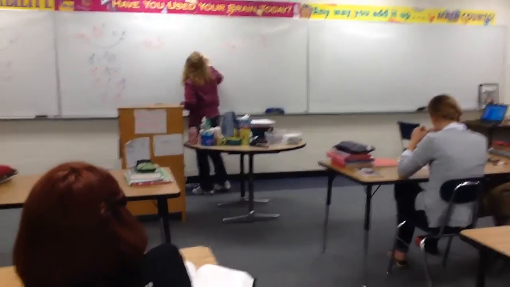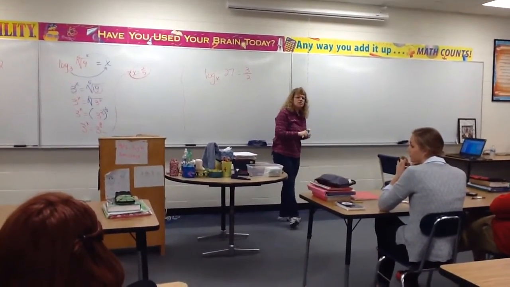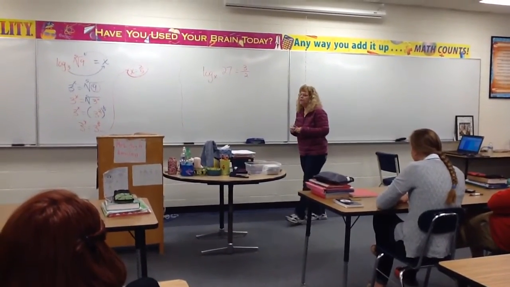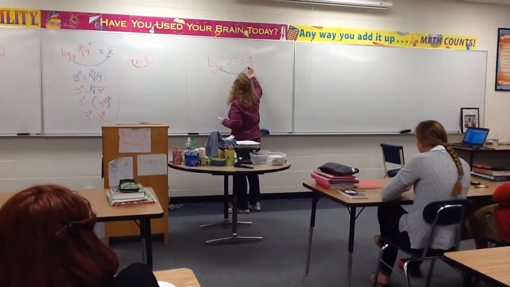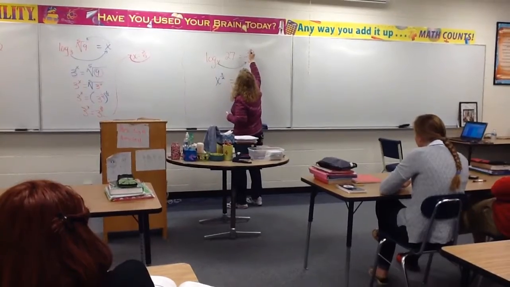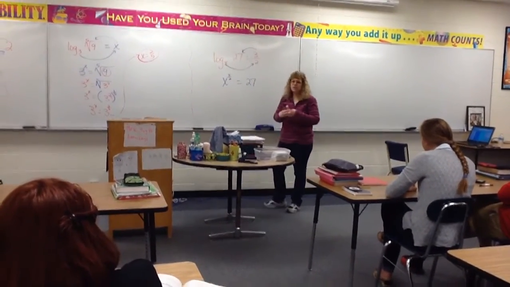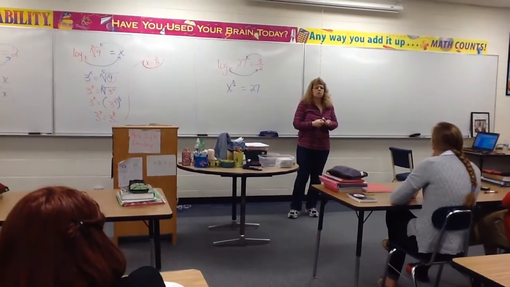This one that's going to be on today's is just a little bit different, but you should already know how to solve it. The first thing you have to do is use the loop, the log loop. So what do you have? x raised to the 3/2 equals 27. Now, the trick is to remember, we solved these a couple of sections ago.